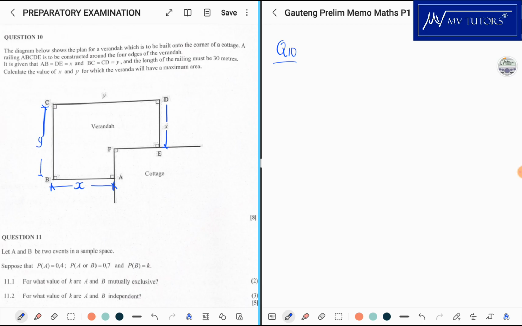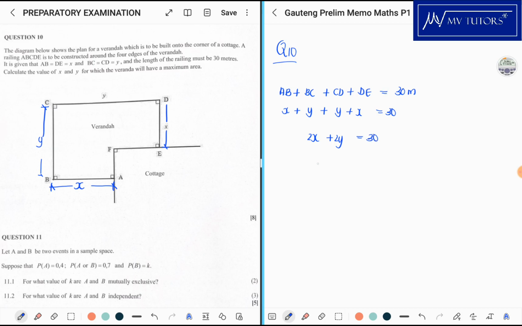So basically, I have AB plus BC plus CD plus DE, and that's equal to 30 meters. AB is X, BC is Y, CD is Y, DE is X. So I have 2x plus 2y is equal to 30.